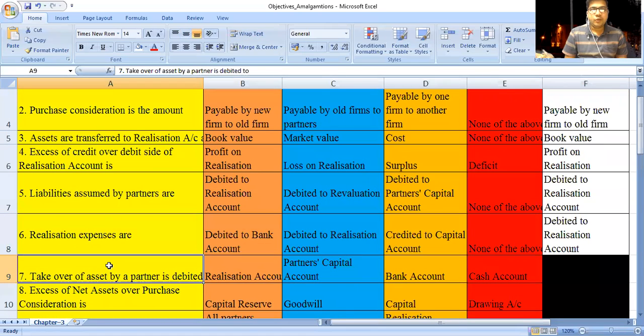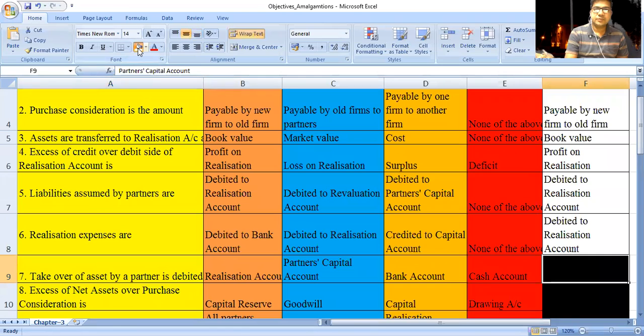Next, take over of assets by partner is debited to. See that, friends, be aware of the general entries. You have already written the general entry in your notebook. Take over of assets by a partner is debited to: realization account, partner's capital account, bank account, or cash account.